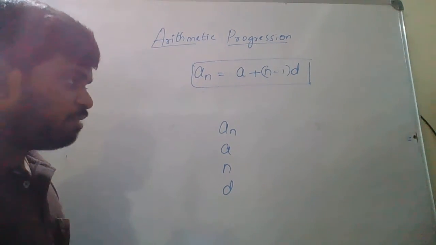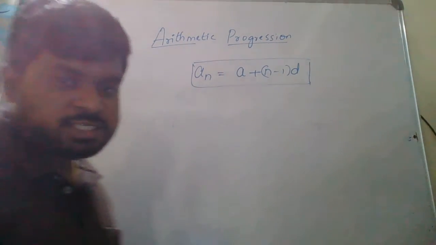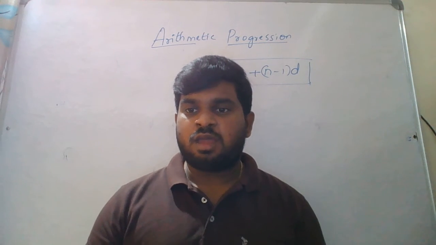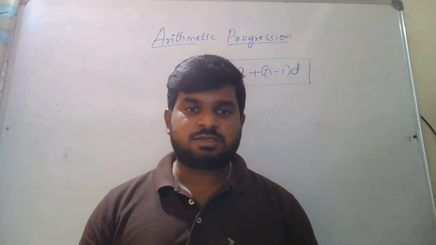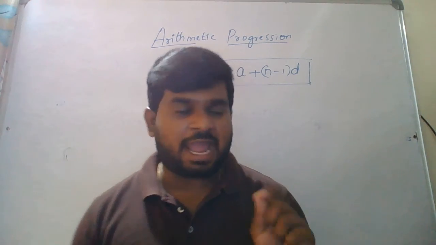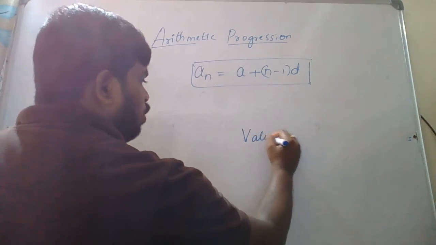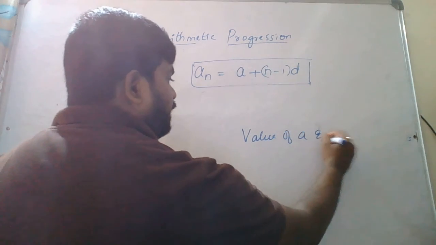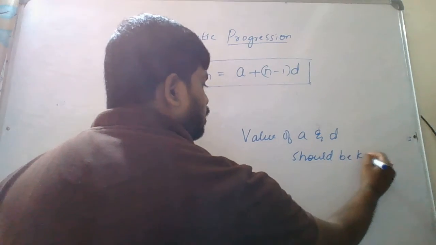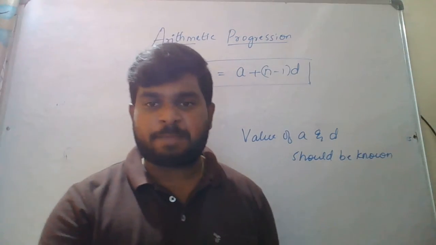Okay. Now, a very, very important point. Throughout this chapter, let it be any problem, one thing that you have to remember is, you should always know the value of a and d. Value of a and d should be known. Okay. That is the very, very first step.